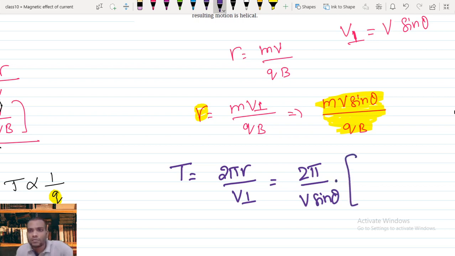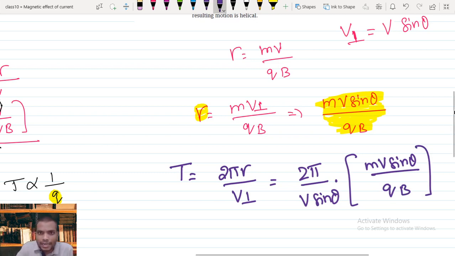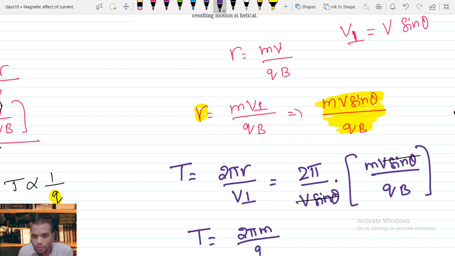Here the r value, right above, is m v sine theta upon qB. Now if we cut the like terms, v sine theta and v sine theta get cancelled. The period of revolution, time period, equals 2 pi m upon qB.